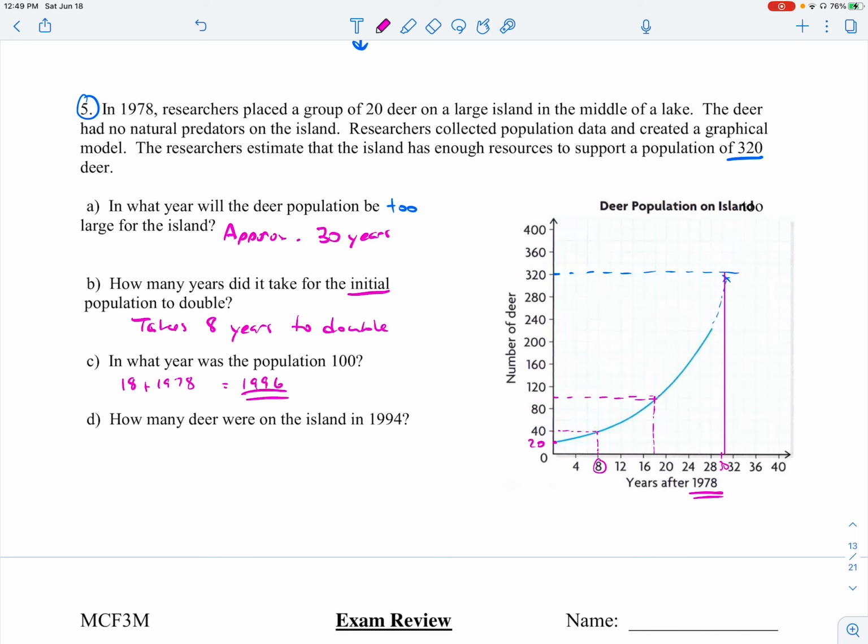How many deer were on the island in 1994? Well, 1994 is just 2 years before 1996. So 2 years before that would be at the 16 years after 1978. And it looks like there is 80.